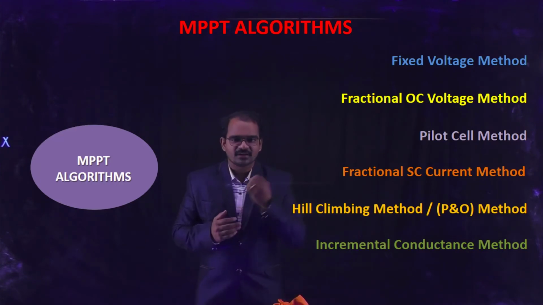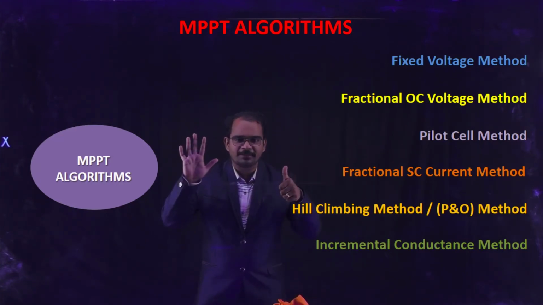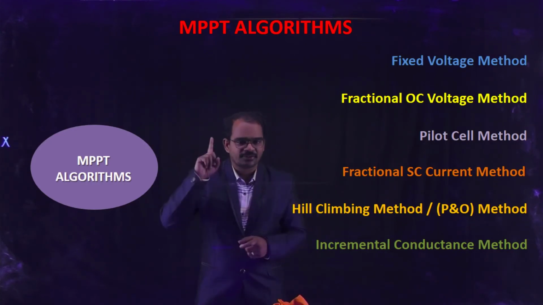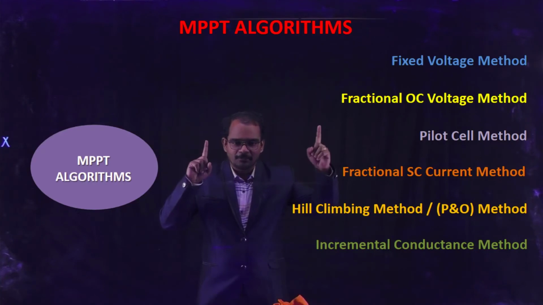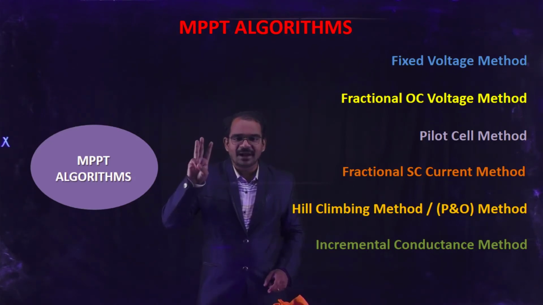So in this particular lecture we are going to see 6 different types of MPPT algorithms. The first one is the fixed voltage method or algorithm. The second one is the fractional open circuit voltage method or algorithm. The third one is the pilot cell method or algorithm.